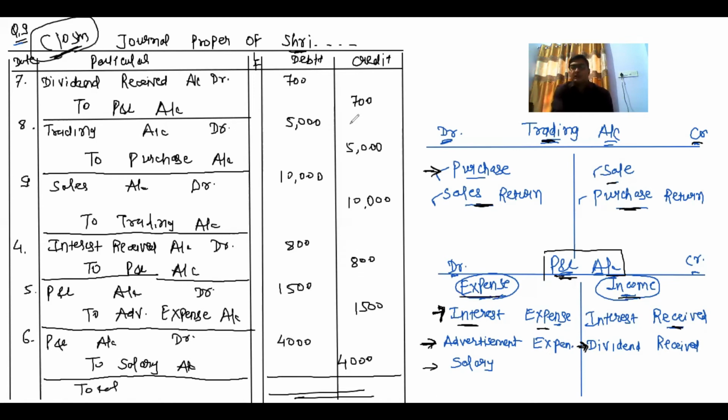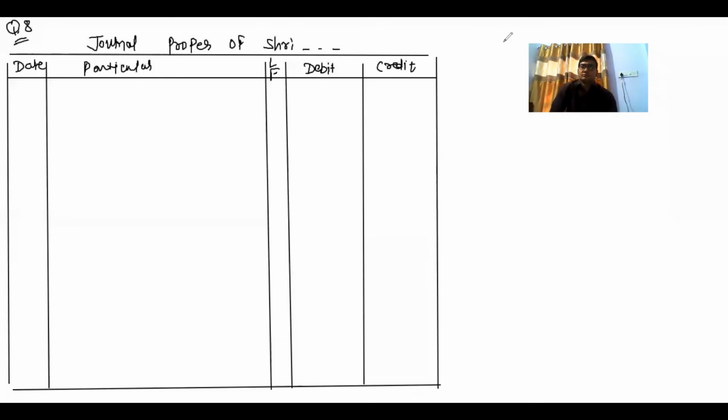And now I am going to solve question number 8. In question number 8, the instruction is: pass the journal entry for the following transactions in journal proper. So the heading is journal proper of Shri. Again, name is not given, so we do not write the name. Date, particulars, LF, debit, credit, all the columns are the same.